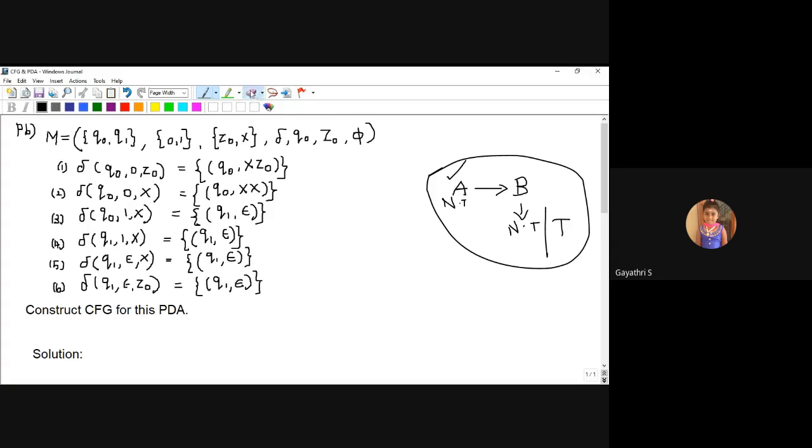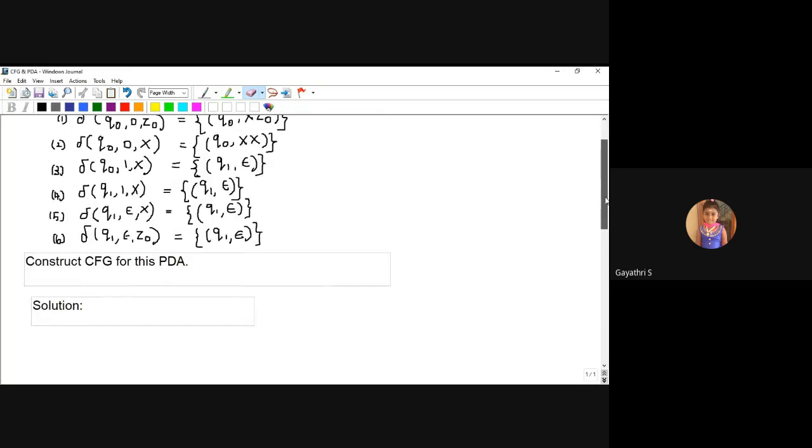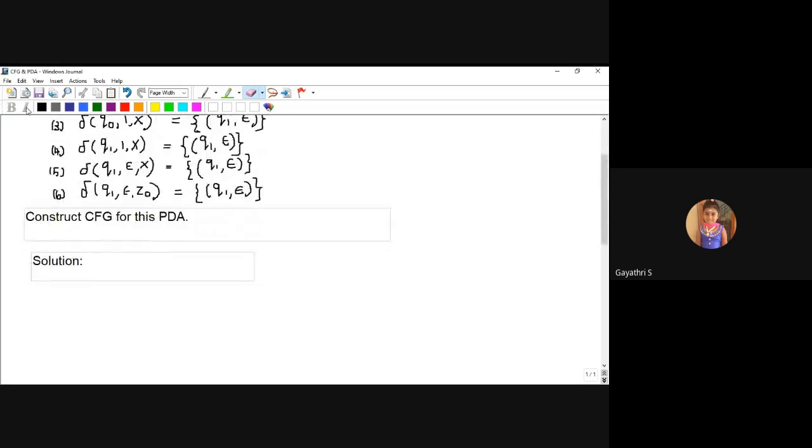So let us see how to write production rules for mapping 1. Before writing the production rules for the corresponding mapping, first you have to write some initial rules.